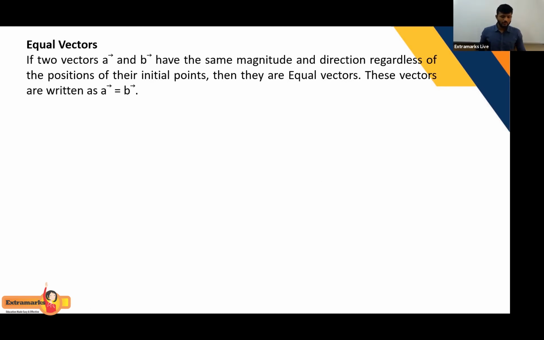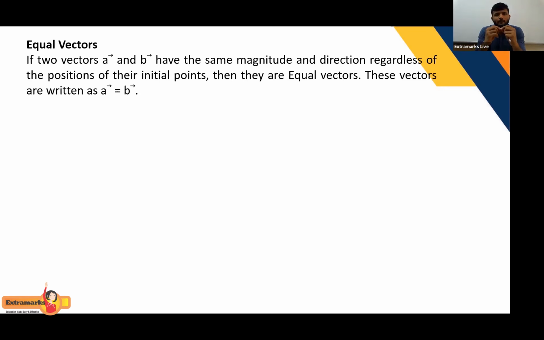The next type of vector is equal vectors. Now, it is a very important thing. Equal vectors means the magnitudes of both the vectors are the same, and the direction should also be the same. Because here you are equating vector quantities, and a vector quantity consists of magnitude as well as direction.